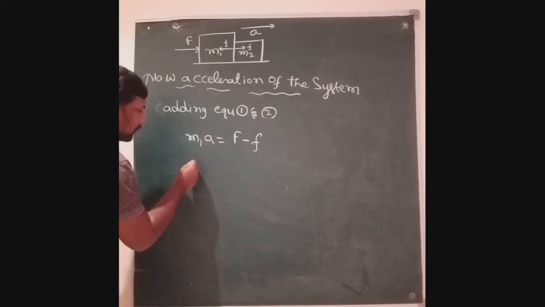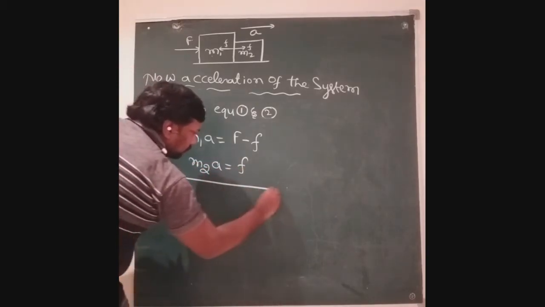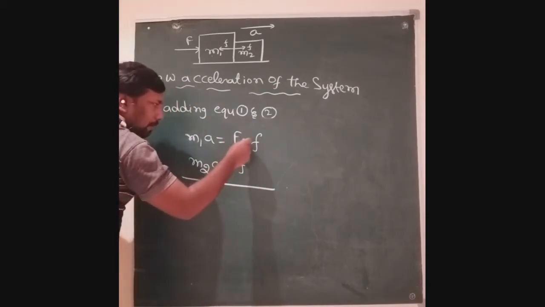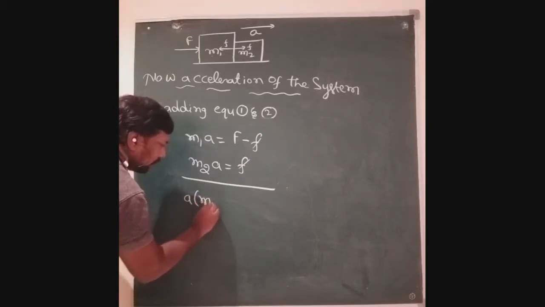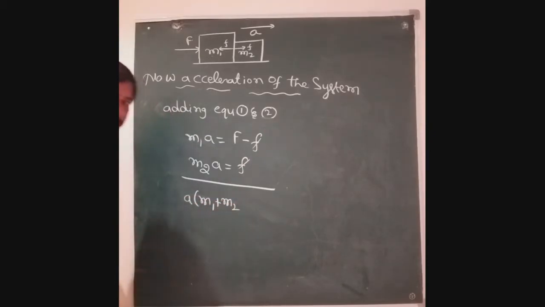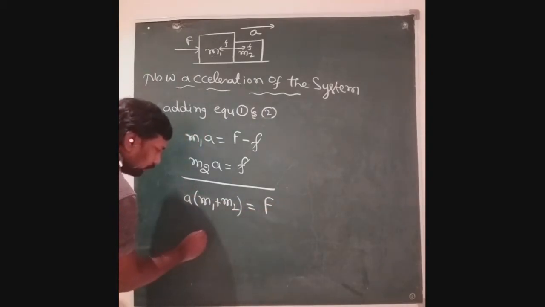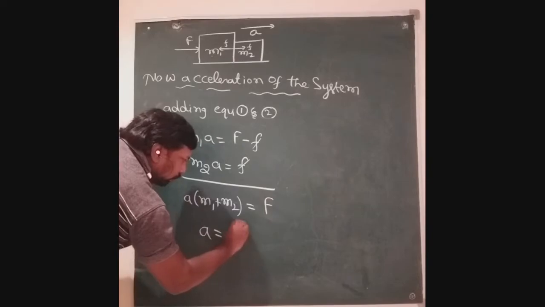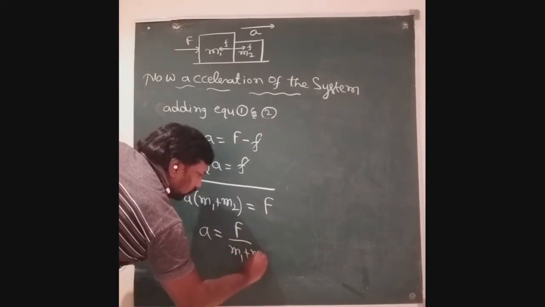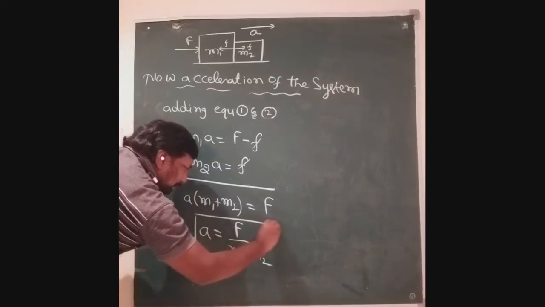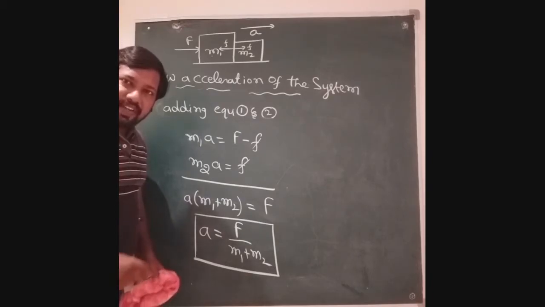Equation 2 is m2a equals small f. Adding these two equations, minus f plus f cancel. Therefore a into m1 plus m2 is equal to capital F. So acceleration equals F by m1 plus m2. So this is the acceleration of this system.